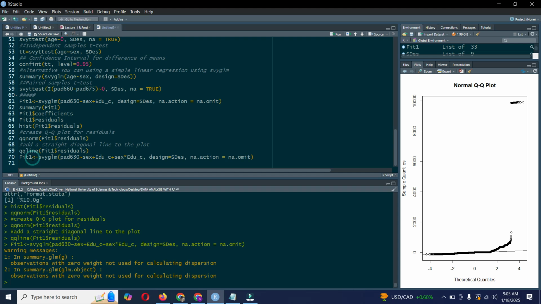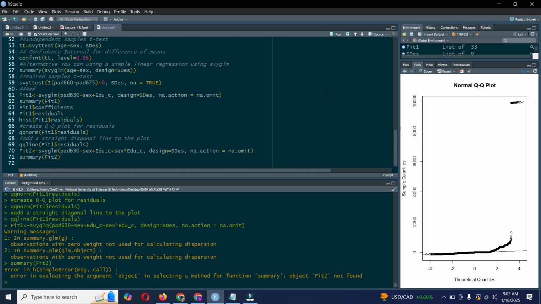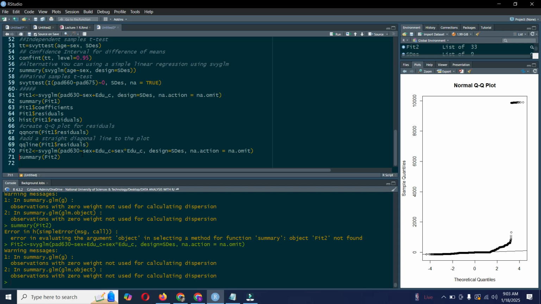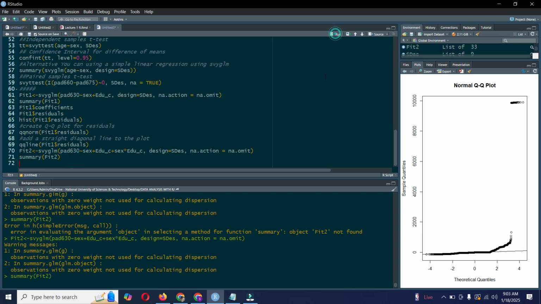Again, we can call it fit2, and you can find summary fit2. I think we need to run fit2 first, and then we can see the summary.